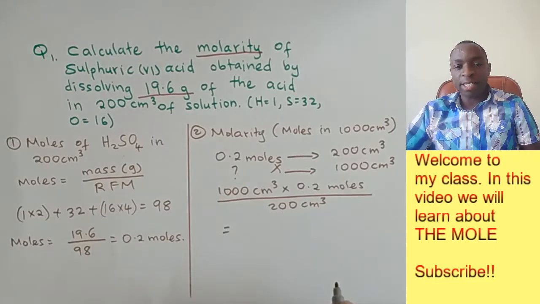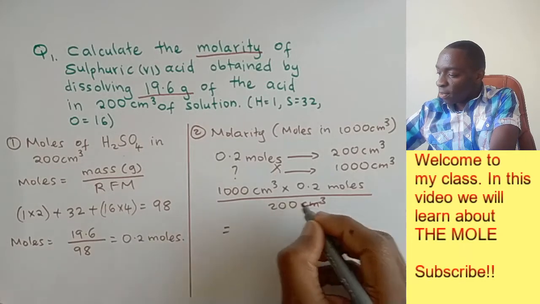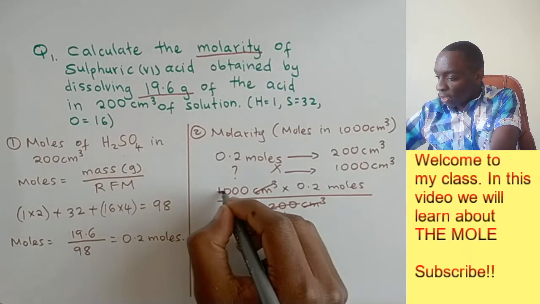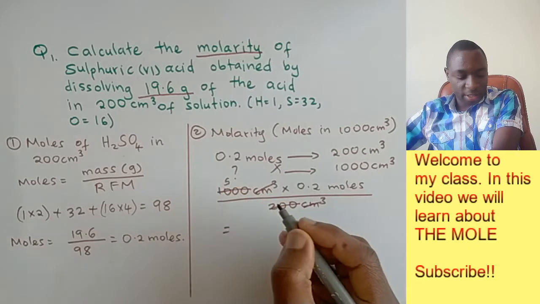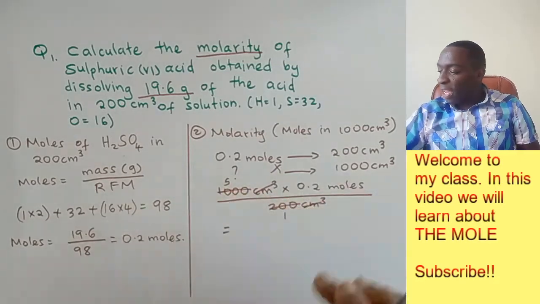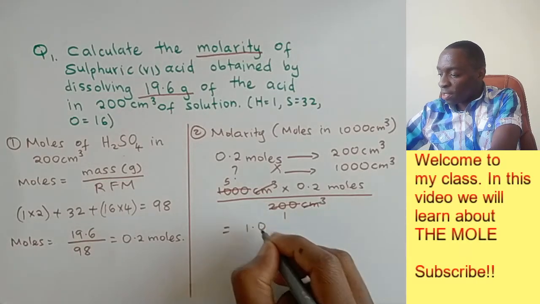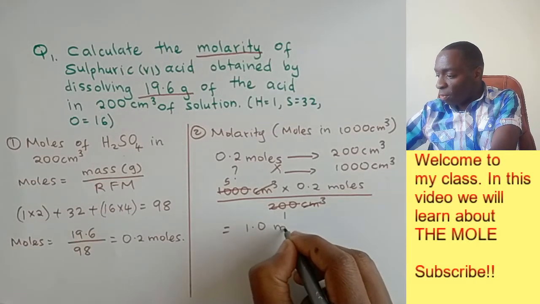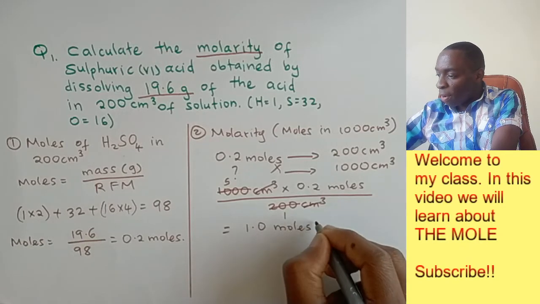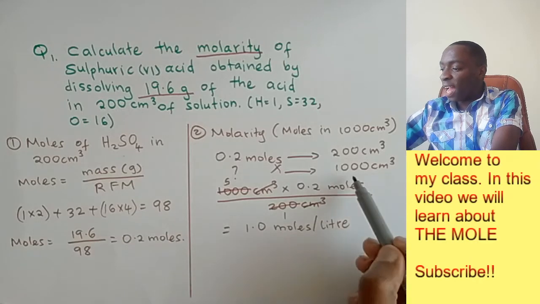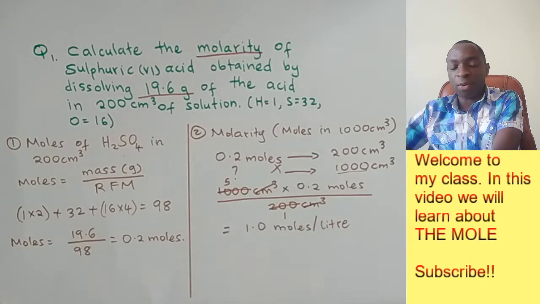in moles per liter. So we'll cross the centimeters cubed out, and of course this one goes by 1, and here it goes 5 times. So when you multiply 5 times 0.2, you end up with 1.0. So this is going to be moles per liter, because now we're dealing with moles in 1,000 centimeters cubed.